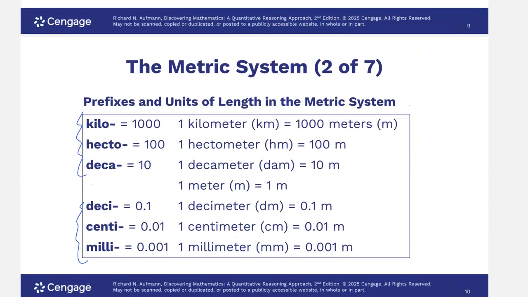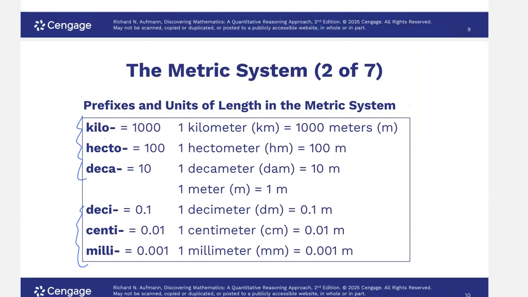And we can convert back and forth by remembering an acronym. King Henry died by drinking chocolate milk. It's a silly acronym, but it gets us from point A to point B. So this is going to stand for kilo, hecto, deca.